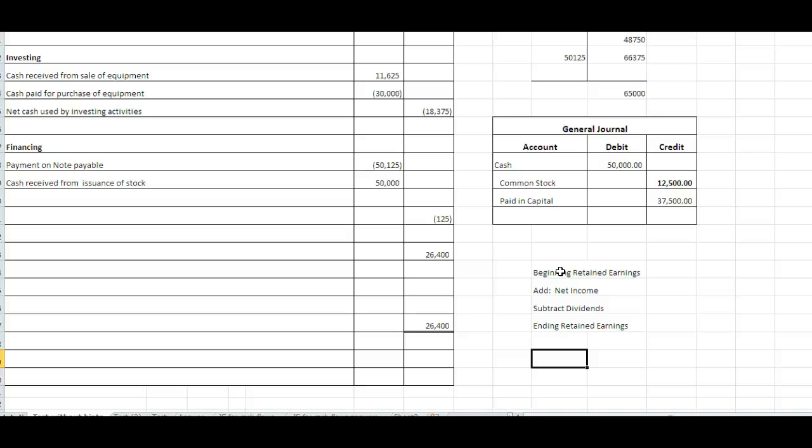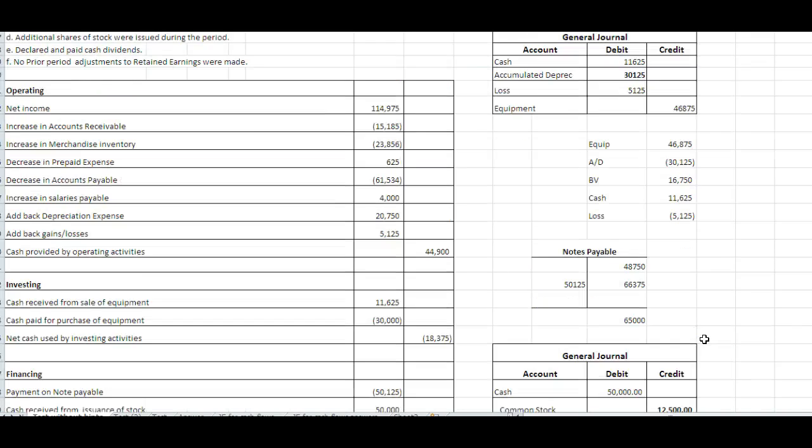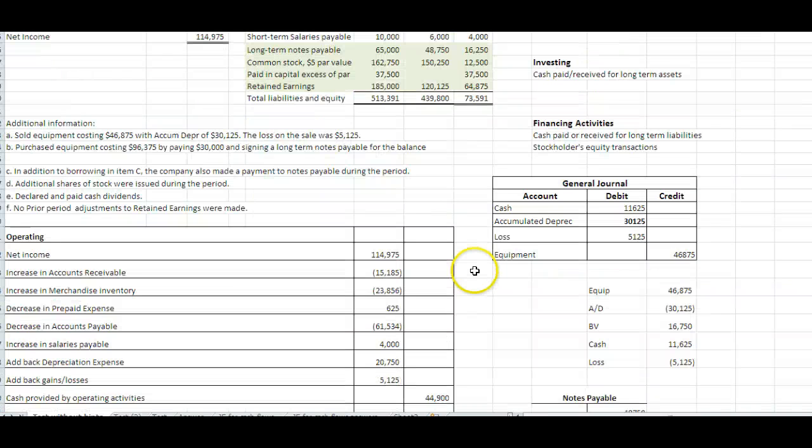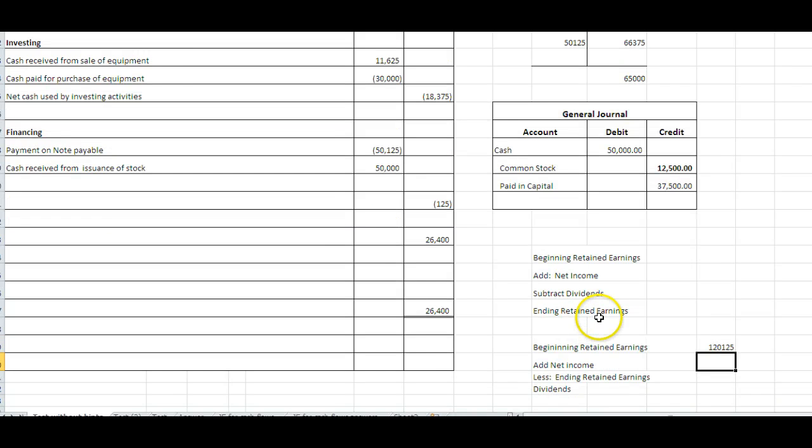So if we just flip that around a little bit, we can say beginning retained earnings add net income less ending retained earnings, and that will allow us to solve for any dividends that we paid. My beginning retained earnings from my balance sheet is $120,125.